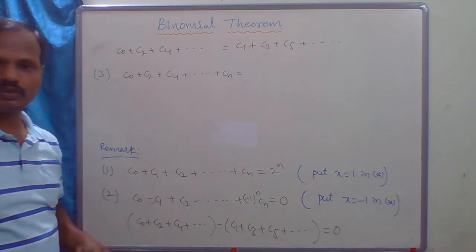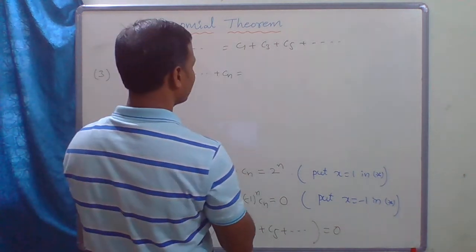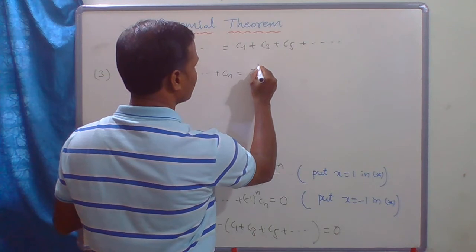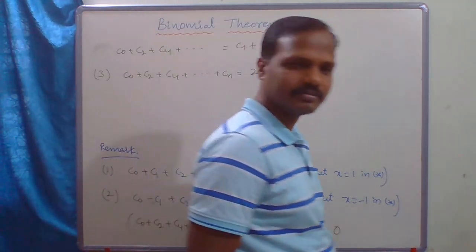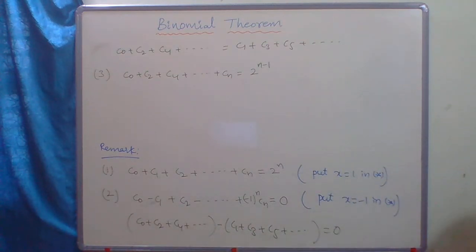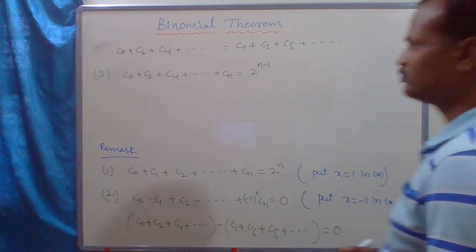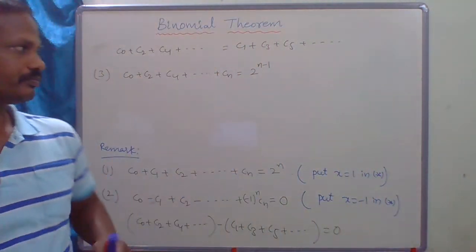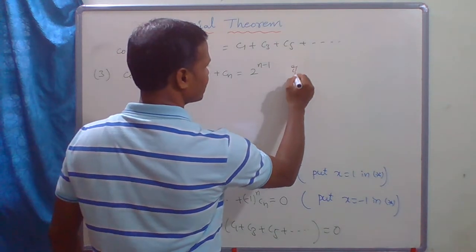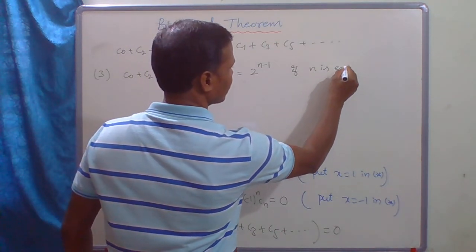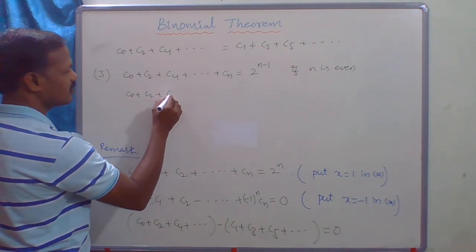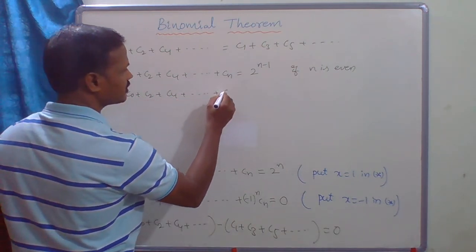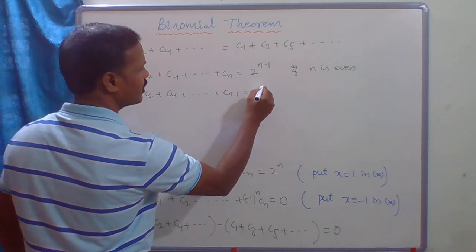Therefore this is equal to 2^n / 2, which is 2^(n-1). So if n is even, C0 + C2 + C4 + ... + Cn = 2^(n-1).